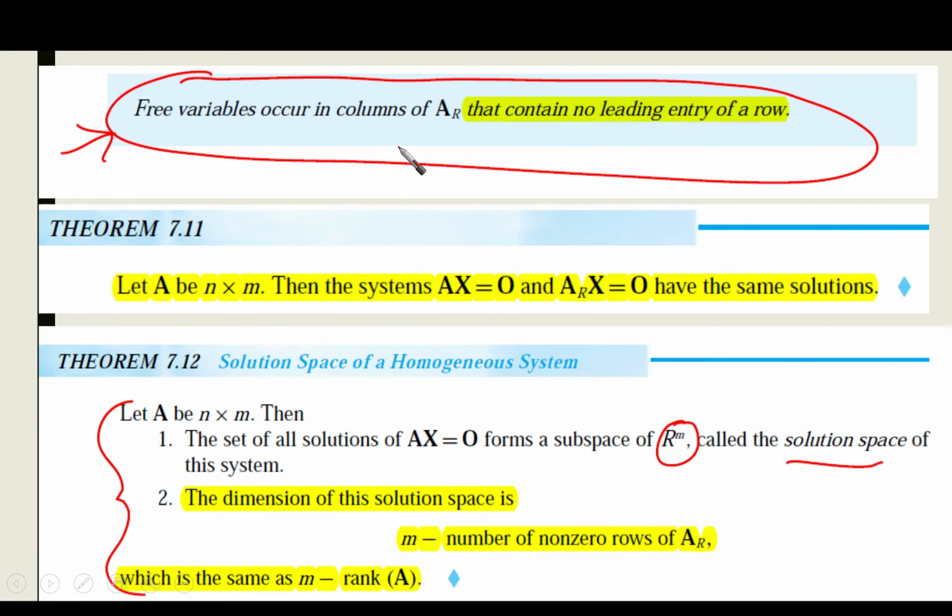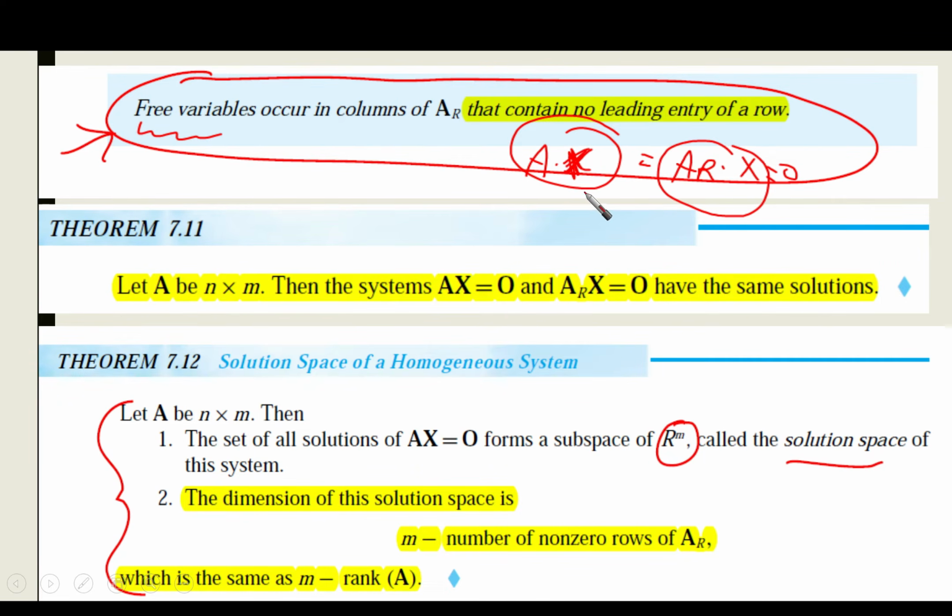So first of all, in the previous video, I mentioned some important hints that we need to keep in our mind. If you remember, we were talking about the free variables, and about the relation between A reduced times x equal to 0 and the coefficient matrix times x, that they are equivalent and have the same solutions.